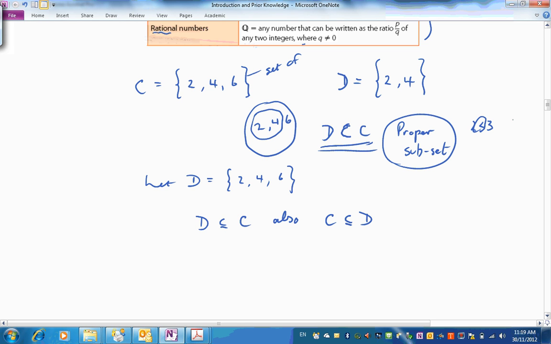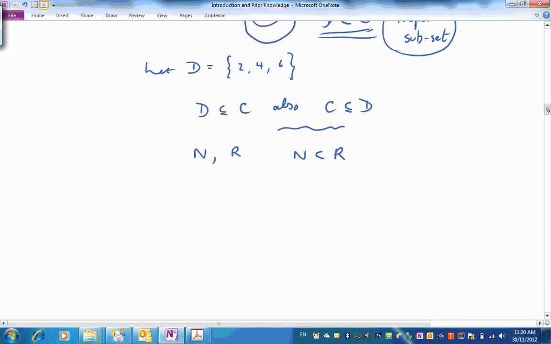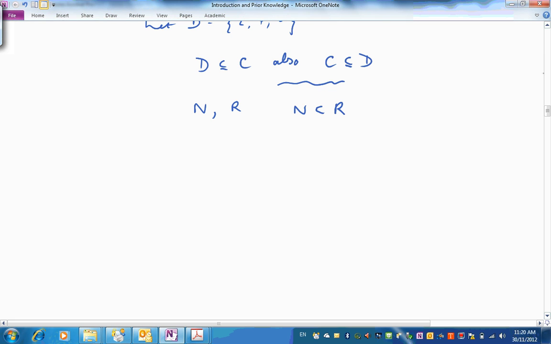You might like to think now, and this is an exercise coming up later, what about the sets of natural numbers and the real numbers? Well, the natural numbers are contained within the real numbers, so we could write that from before. So we're getting into a bit of notation here. It's important to probably note this down and try and remember these notations. We've got another symbol, of course.